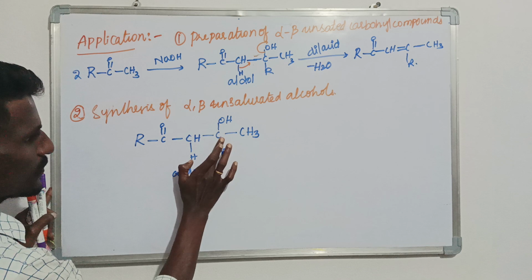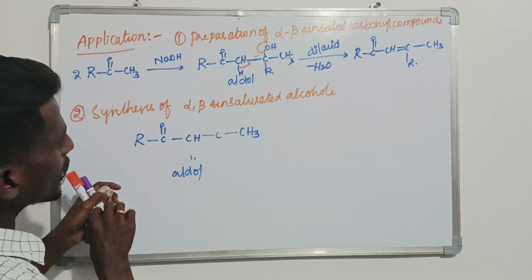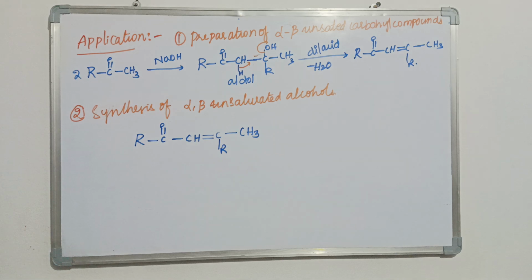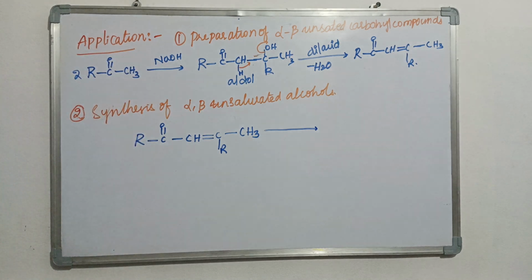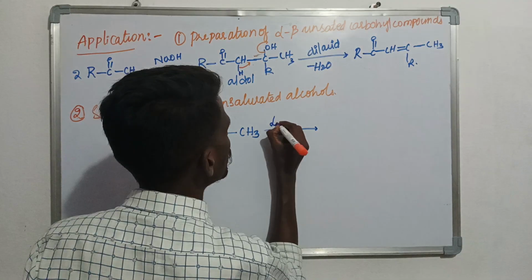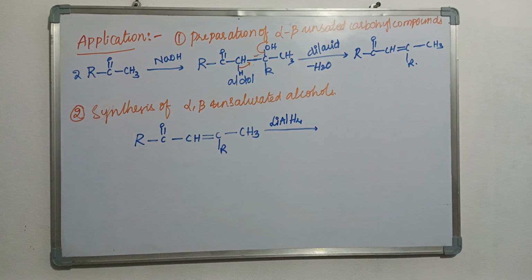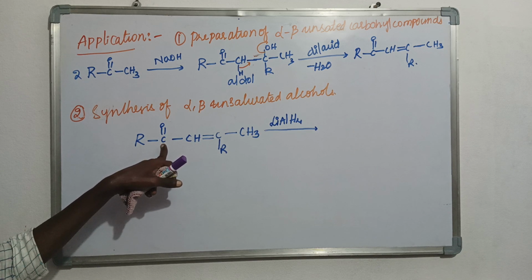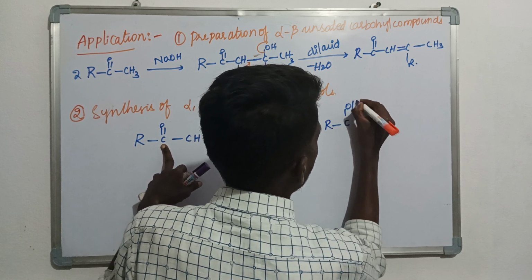So this one undergoes dehydration and forms this product, alpha beta unsaturated aldehyde. So these alpha beta unsaturated aldehydes or ketones, in the presence of lithium aluminium hydride, have the carbonyl group reduced into an alcohol group, and they are converted into alcohols.